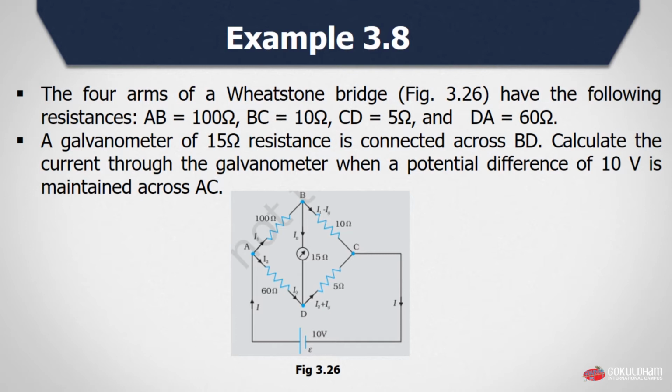Calculate the current through the galvanometer when a potential difference of 10 V is maintained across AC. So let's look at the solution for this question.